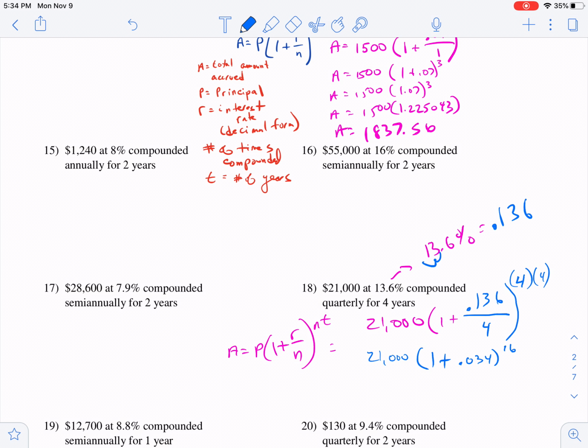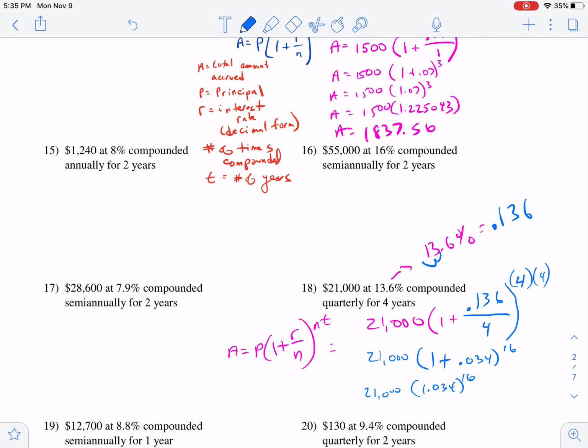Now it's that 16th power that's really going to make the money. It's going to help us out. I think it's going to be a pretty sizable return here. So it's 21,000 times 1.034 to the 16th power.